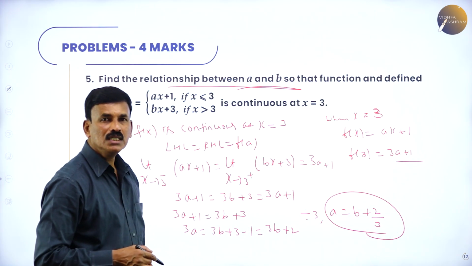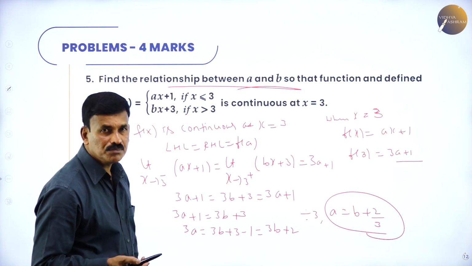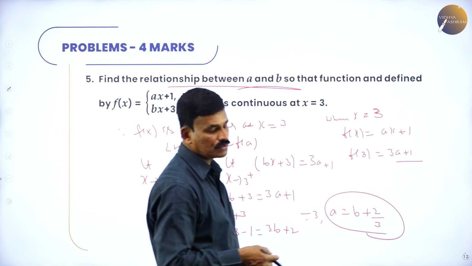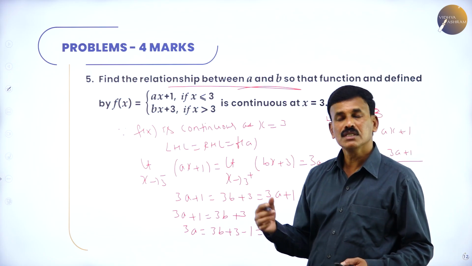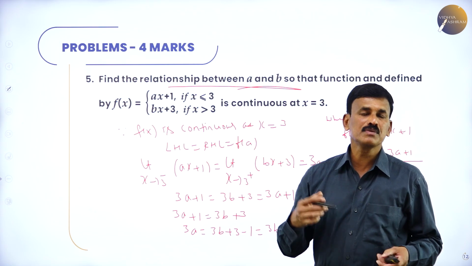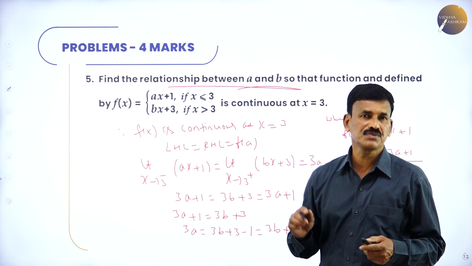So, a is equal to (b plus 2) by 3 is the relation between a and b. That's it. If you do this much, you will also get 4 marks. Sometimes they may ask to find the values of a and b. That is also important from the point of view of the examination. These are a few problems based on continuity, first part. So, you can expect one 4 marks question of this type.